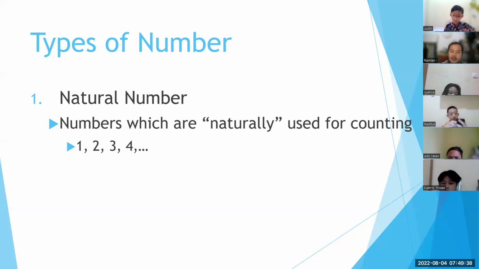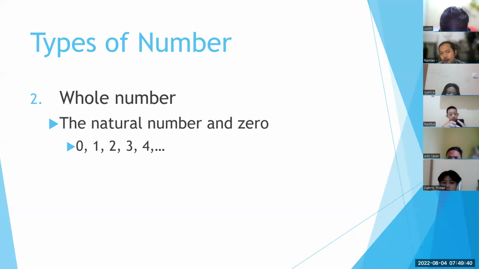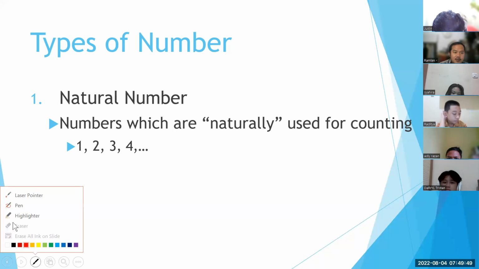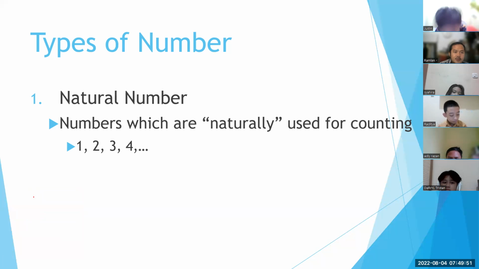The next one is whole number. Okay, I'm going to show you, so maybe you are going to use this in Bahasa Indonesia. I'm going to write this down in Indonesian also. Does anyone know what natural number is in Bahasa Indonesia?